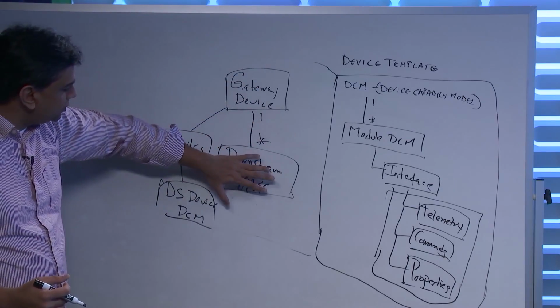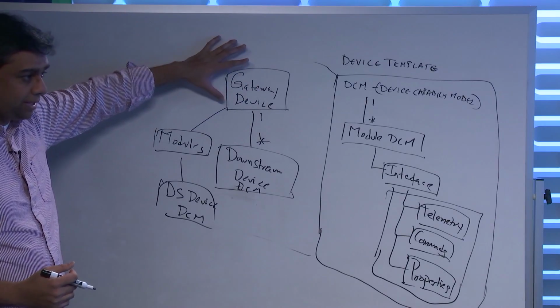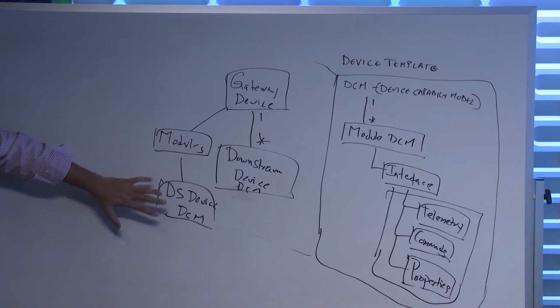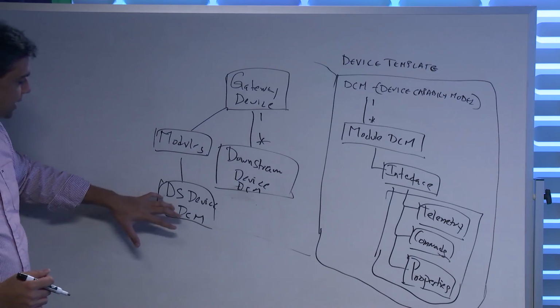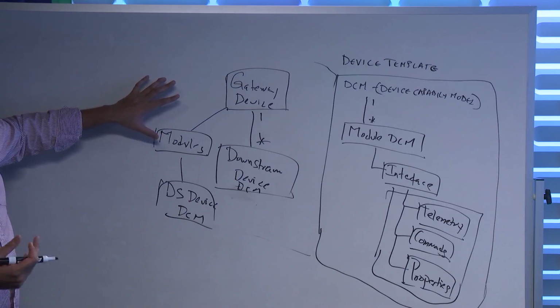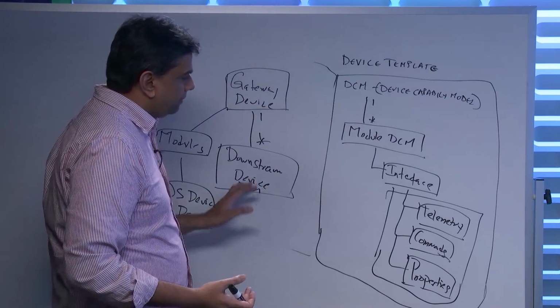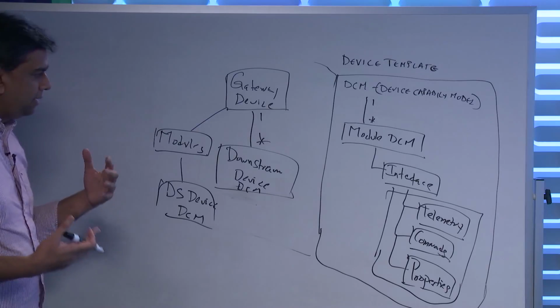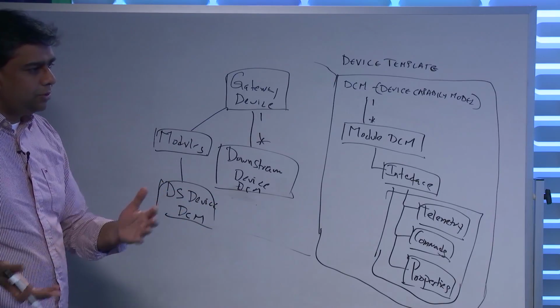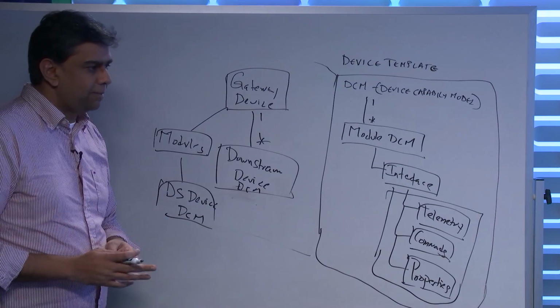We have taken downstream device DCMs to be able to establish relationships with gateway DCMs. And also we have downstream device DCMs which can connect into the gateway DCMs through module device capability models. So this is the overall behind the scenes of how modeling is done, and I'll show you how it's done through Central as we walk through some of the demos.